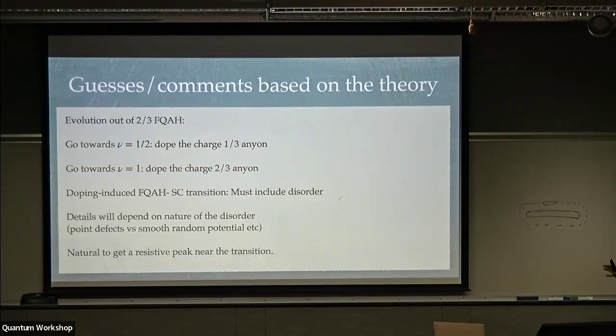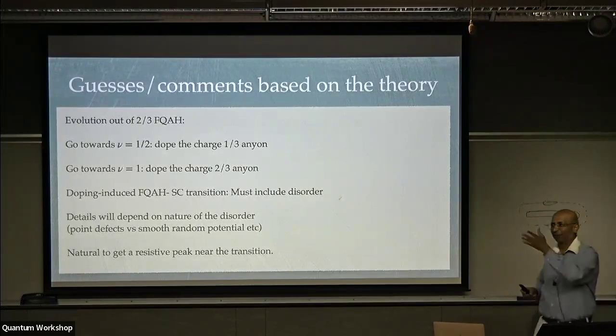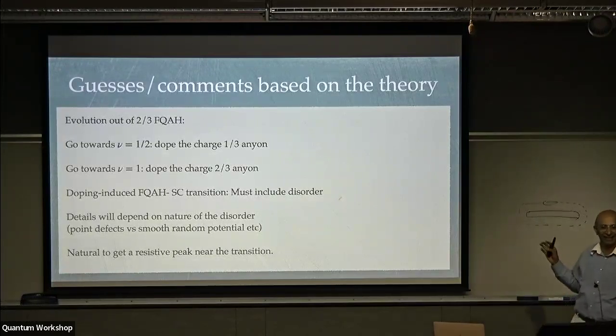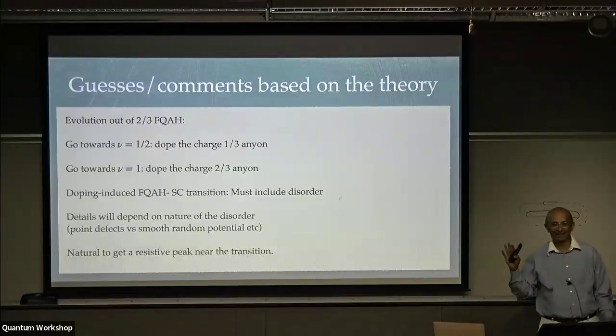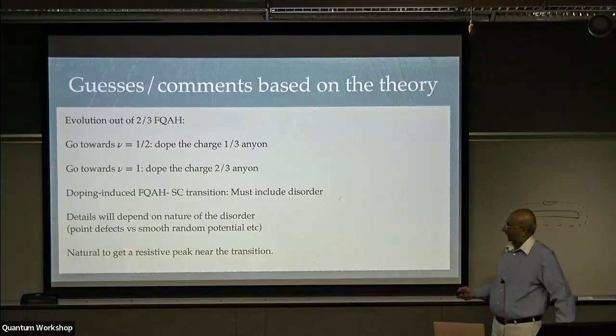But if you only have long wavelength disorder, which doesn't mix species, and after conversations with June, I was very encouraged that maybe in the best MoTe2 devices, that may be the right description, that you don't have point defects. So then it's possible to get a direct transition.